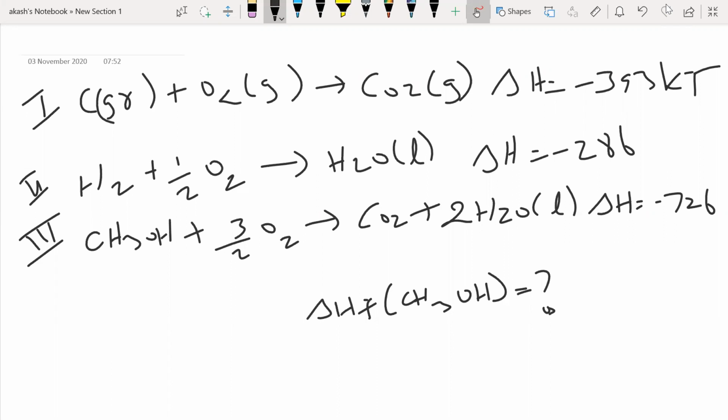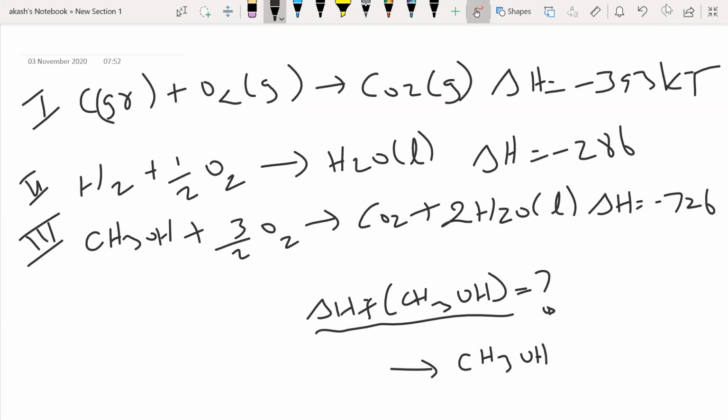Okay, now see, please. The thing is, people, first we'll write the equation. Enthalpy of formation of CH3OH is what is asked. So obviously, I should make sure that CH3OH is on the product side. Now I have to make sure that on the reactant side I have elements in the standard state.